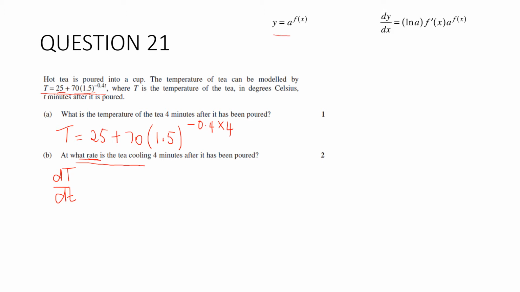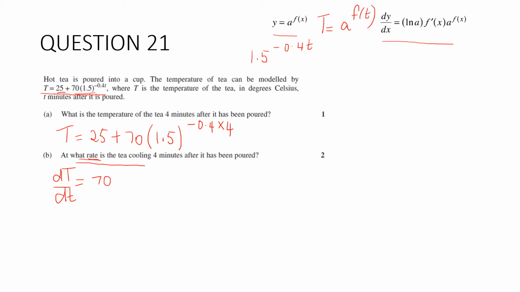And up here you can see that I've got a bit from the reference sheet that's going to help us. So firstly, the 70 is going to hang around, and now I need to do the derivative of 1.5 to the power of negative 0.4t. Now, we really have got y is equal to a to the f of t here.